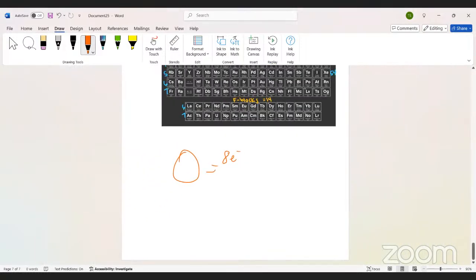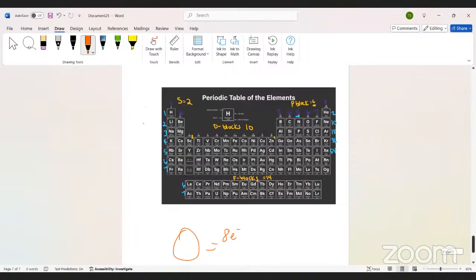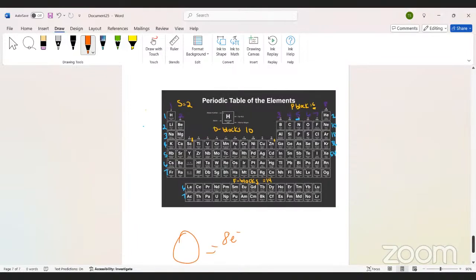Period means the energy levels. Let me show you that too, right here. See, oxygen is right there. It's in period 2. If you go straight across, it's in period 2. So we're going to write that down also. Now, what block is it in? It's in the P block. Which one? 1, 2, 3, 4. It's in the 4th one.